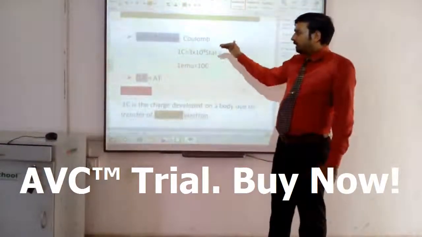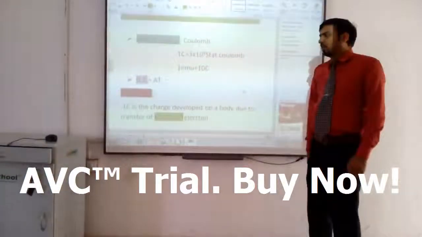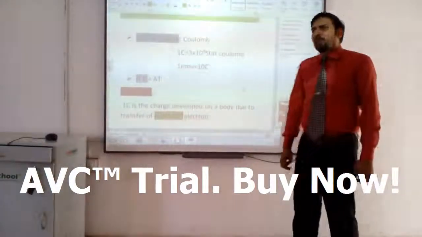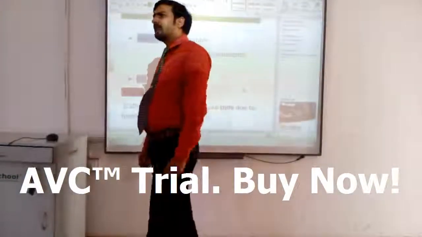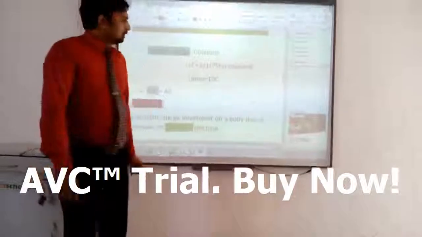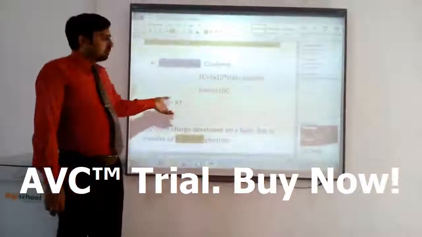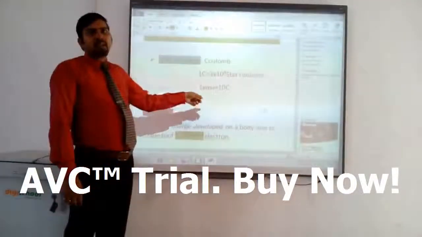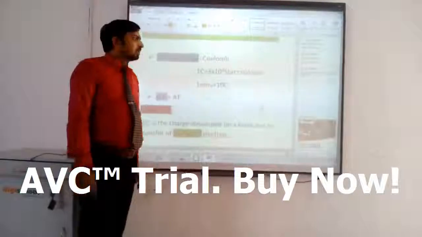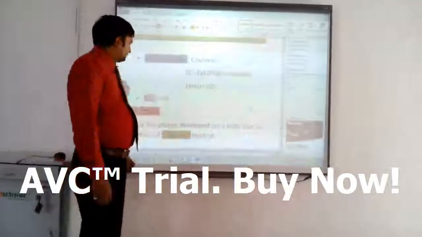So there are different units used for measuring the charge of a body. Every quantity has its dimensional formula. Here, in the case of charge, its dimensional formula is AT, where A is the dimensional formula of current and T is the dimensional formula for time.